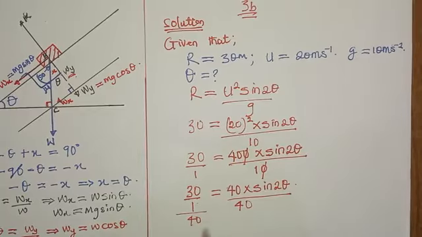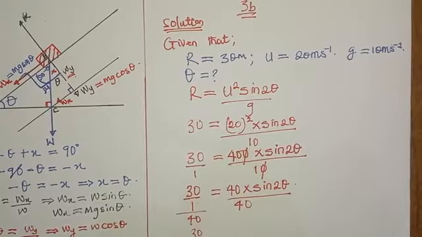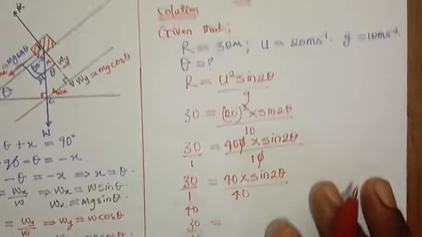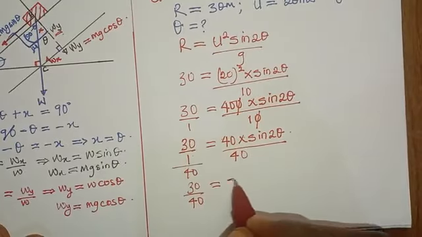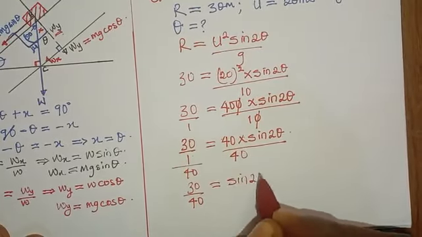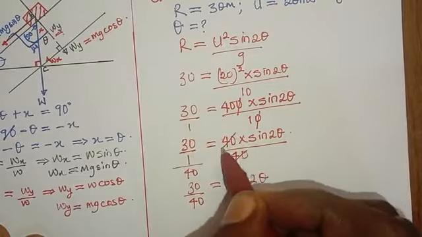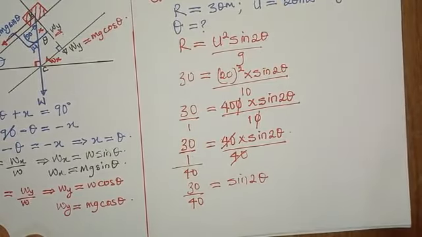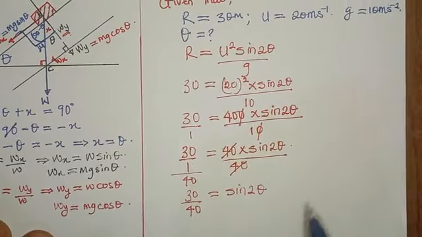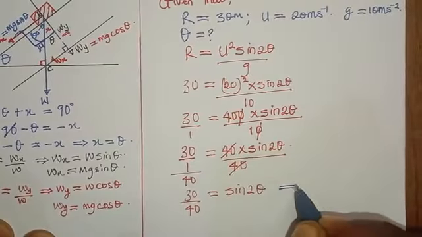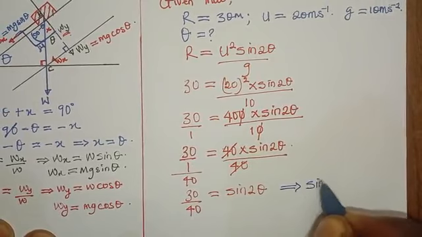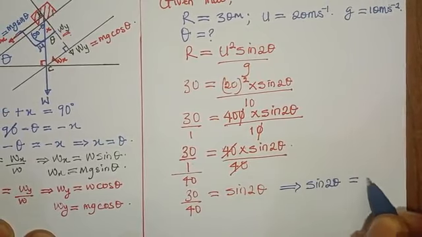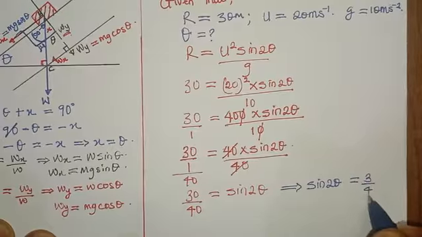So over 40, then I'm going to have 30 divided by 40 will be equal to sine 2 theta, because this has cancelled each other. Is that correct? So when you are done with that, this implies that sine 2 theta is equal to 3 all over 4.